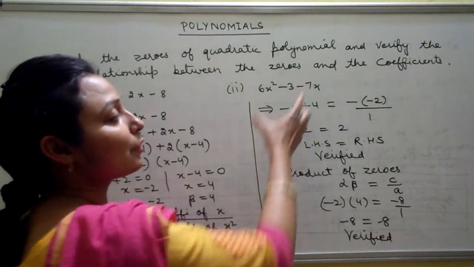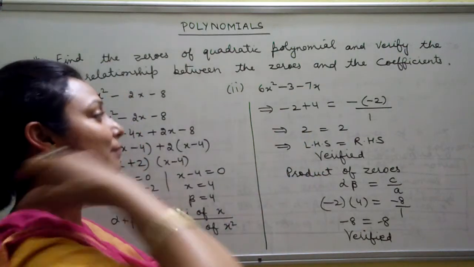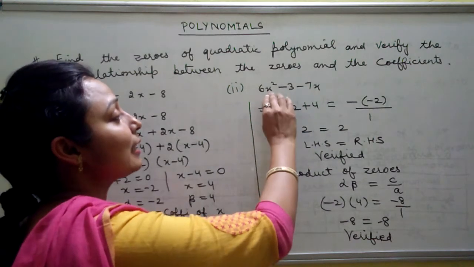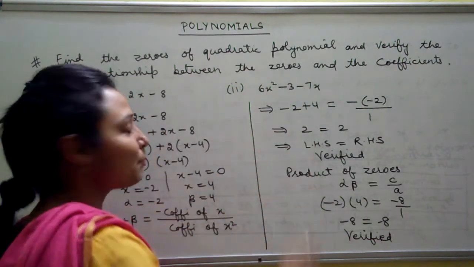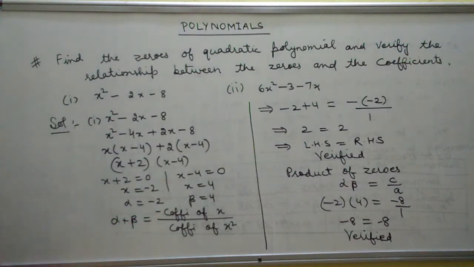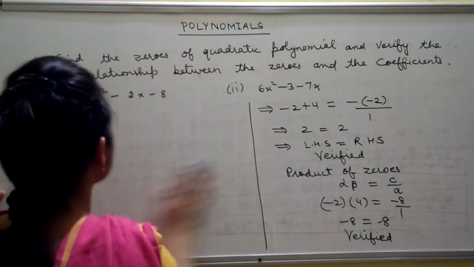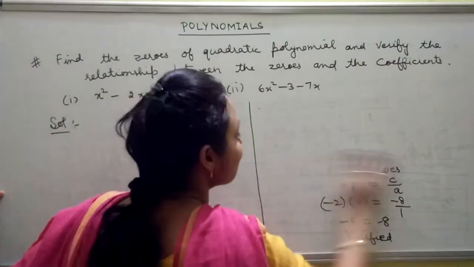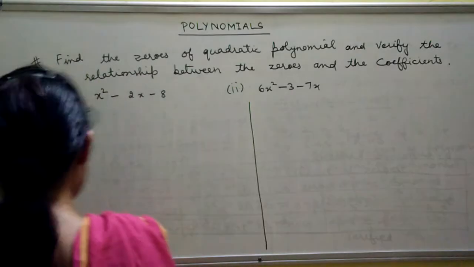While doing the second question, we should keep one thing in mind. What is that thing? We have to take the degrees one by one. You have to rearrange this polynomial. How to rearrange? Rearrange the polynomial like this: first the greatest degree, then the degree less than that.